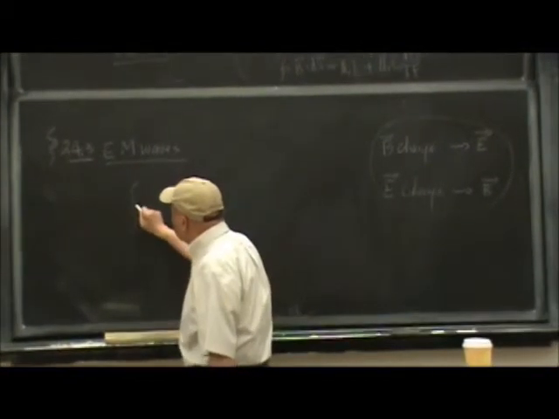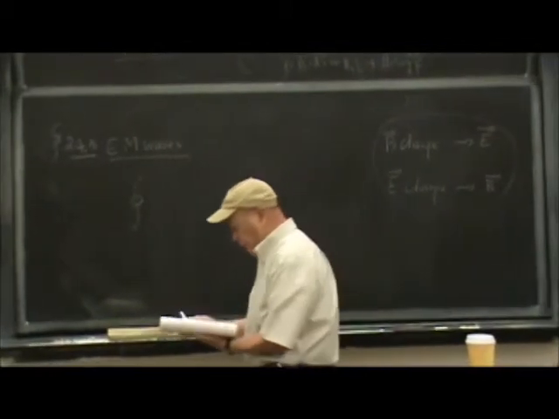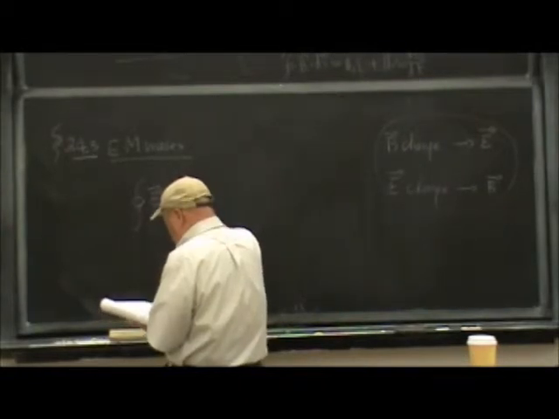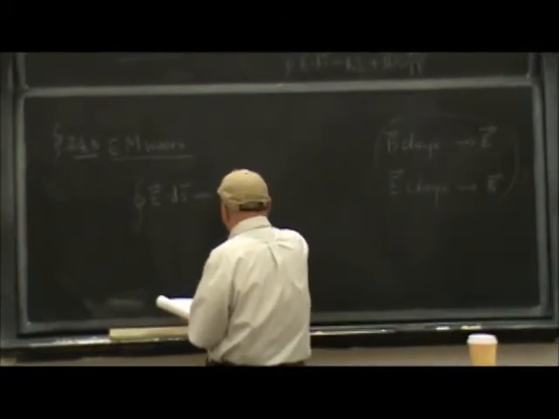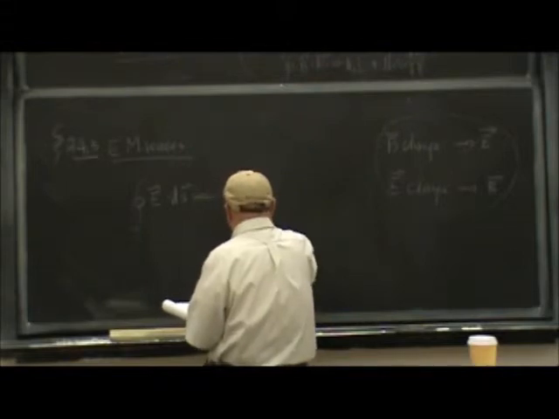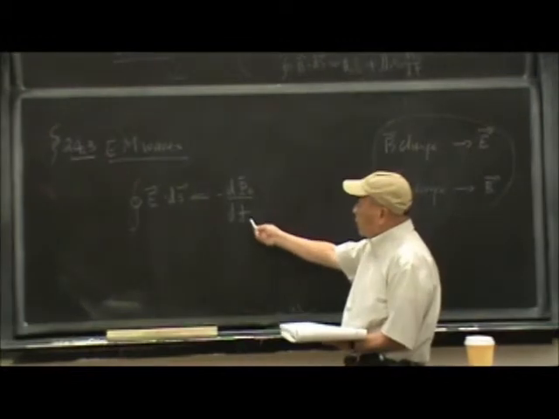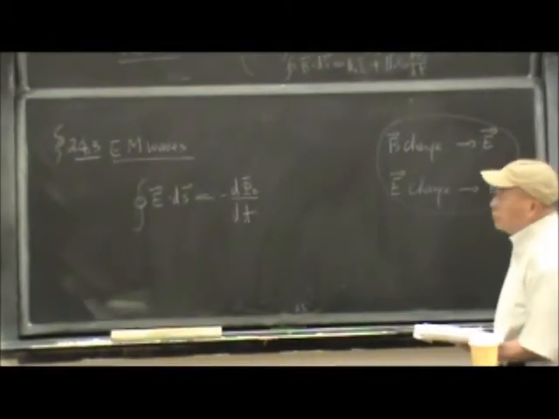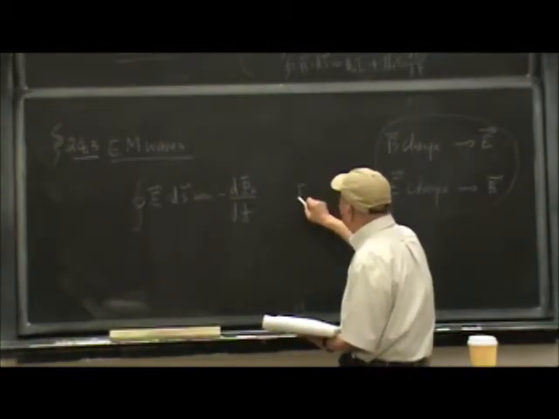The line integral of E dot ds is equal to minus d phi B dt. Faraday's law spells it out exactly: a change of the magnetic field will induce an electric field.